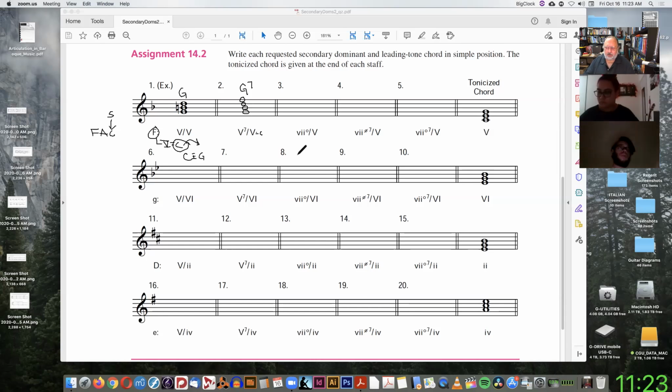In the key of C, the 7 is B, right? Half step below the root. Yeah? So in the key of C, see here's our key right here. We're in the key of F there. Oh, so it's the same key for the whole line. Yeah, see? Okay, got it.